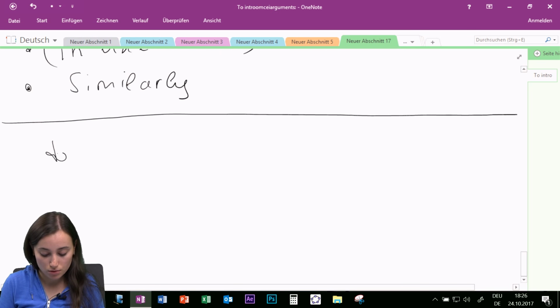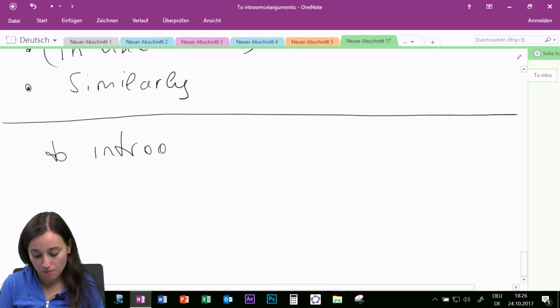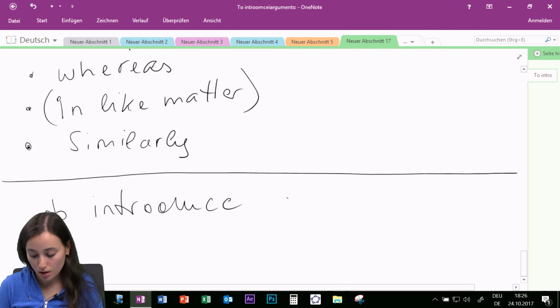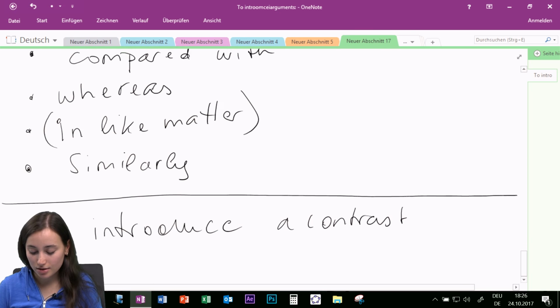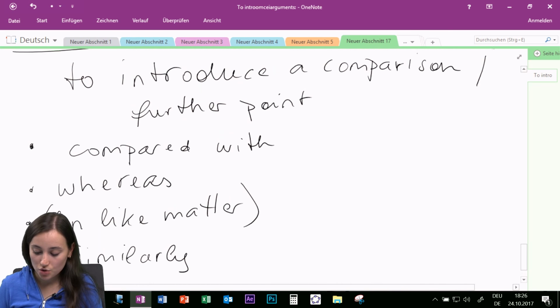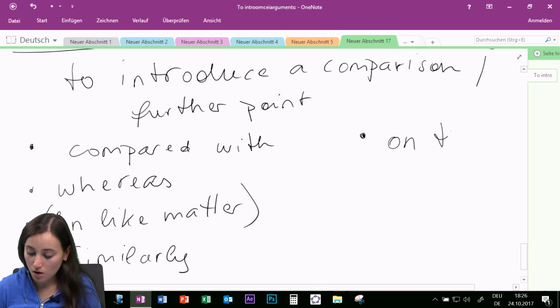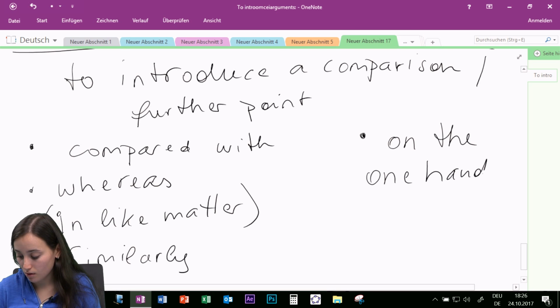To introduce a contrast. So I'll just like to go back to introduce a comparison. I would also advise you to use on the one hand, on the other.